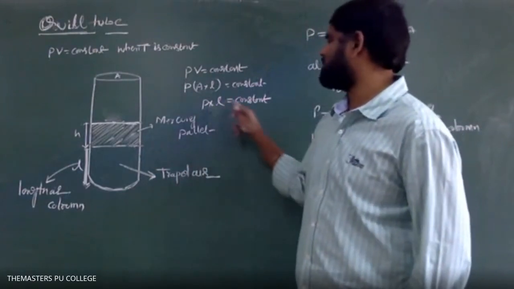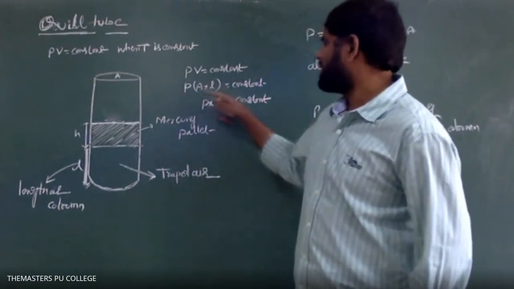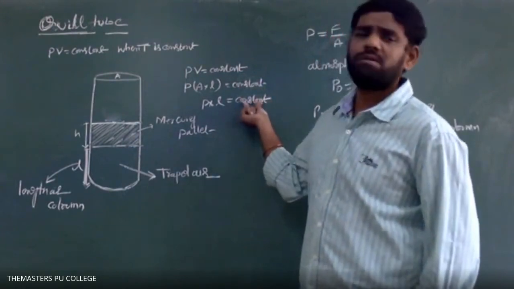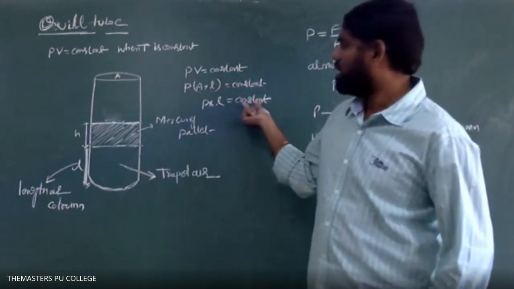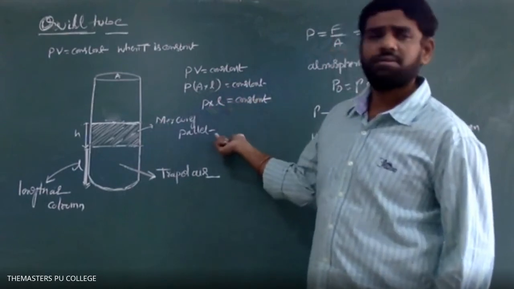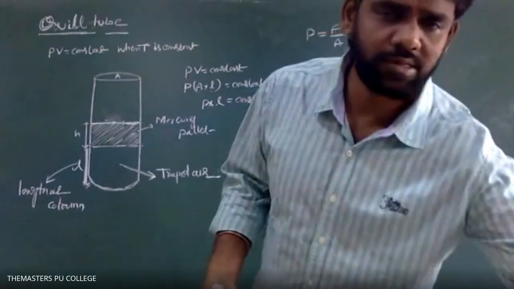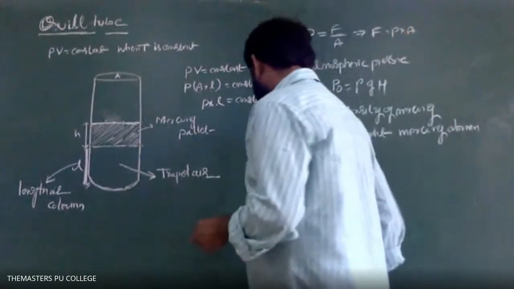Therefore, P into L equals constant. Here A is a constant, and a constant times a constant is another constant, that's why we wrote constant here. P into A L is equal to constant. So we can write this. Then we can go for the different cases.